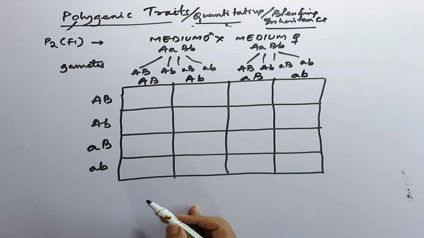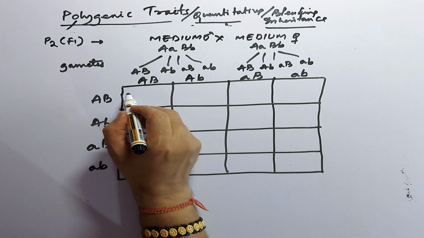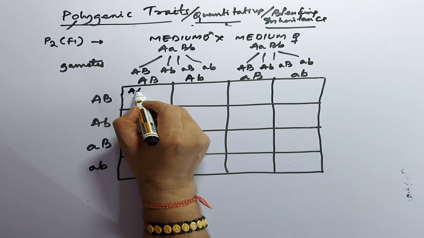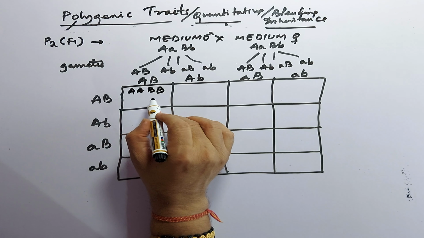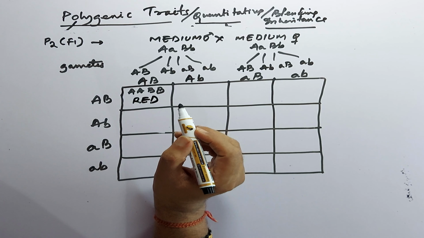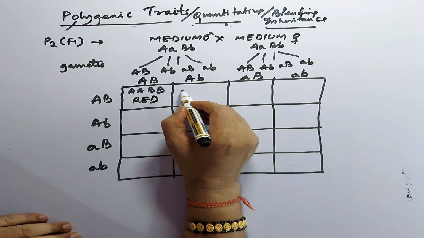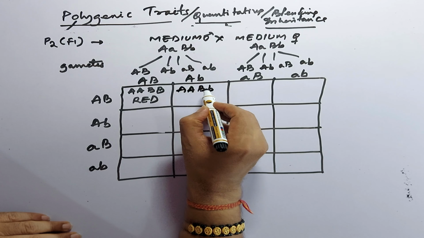So we will find what the results are. First you see this is capital A, capital A, capital B, capital B. So this is 100%, and we can write this is red. Then this is capital A, capital A, capital B, small b.